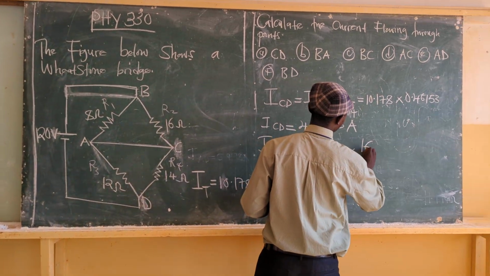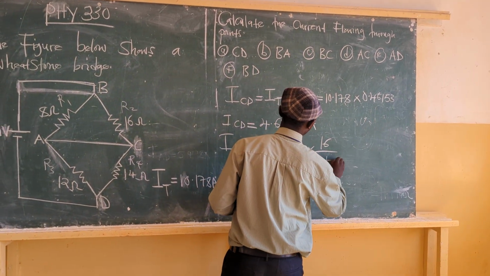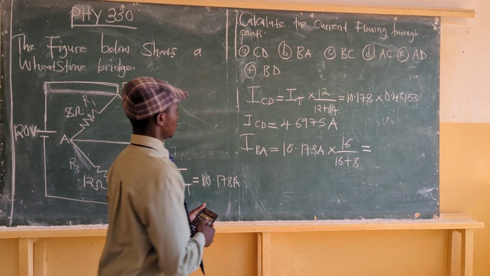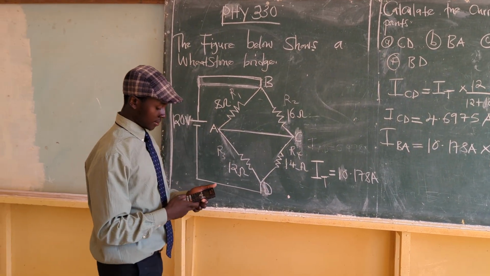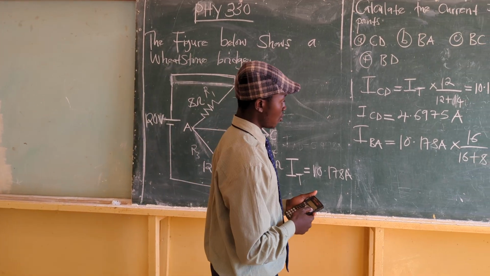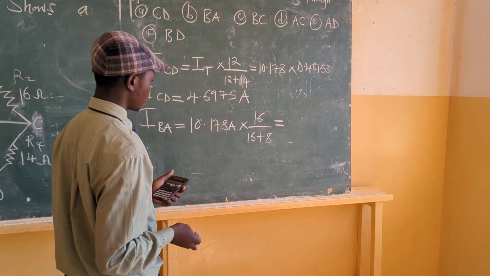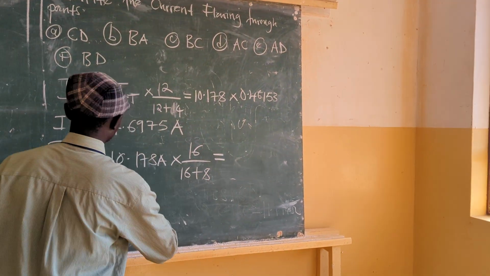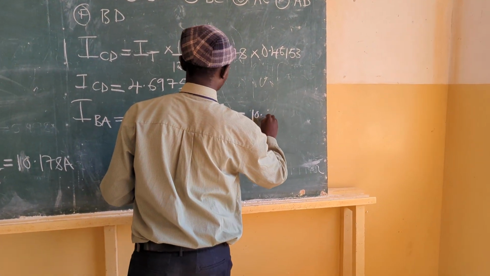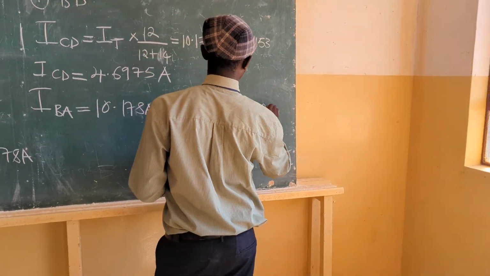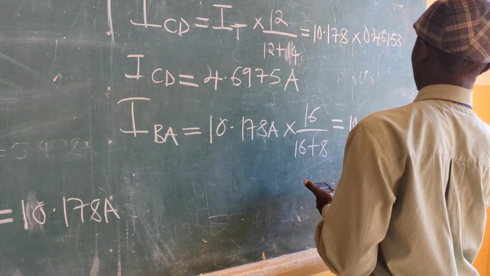So 16 over 16 plus 8. 16 plus 8 is 24. So 16 divided by 24 is 0.6666. So I'll have 10.178 times 0.6666.